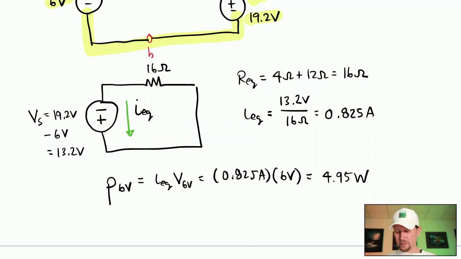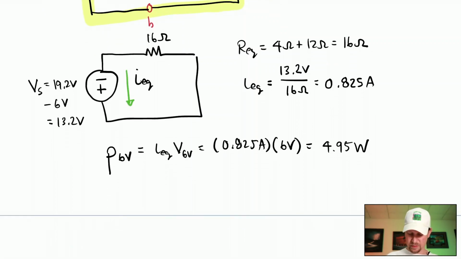Also keep in mind that we did end up employing the passive sign convention on this, right? On top of that, notice that this right here also tells us that the power itself is actually being absorbed by the 6-volt source, not dissipated. And this was what we were looking for.